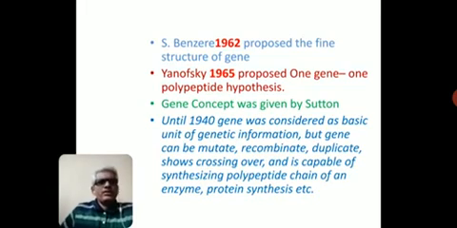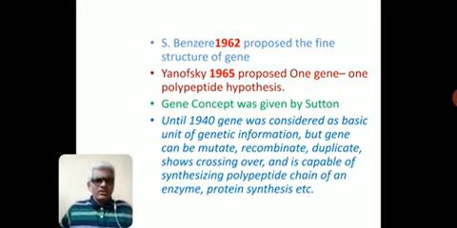The role of genes was only limitedly studied during that period, but nowadays we know that a gene can mutate, recombine, duplicate, or show crossing over, and genes are capable of synthesizing polypeptide chains of an enzyme, and their role in protein synthesis is well known. Genes perform various roles, which we will discuss in our next slide.